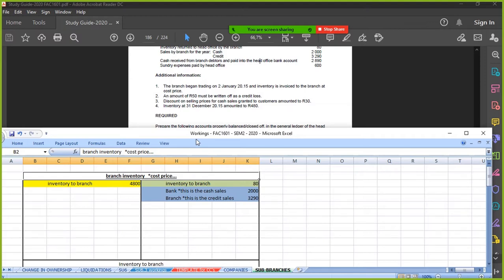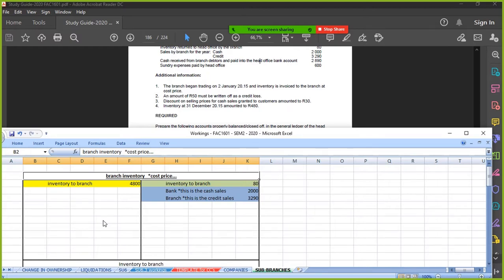Okay, account number 1, branch inventory, this is inventory at the branch. Okay, branch A sitting in Cape Town. Then we've got inventory to branch. Inventory to branch is the inventory that the head office had that they sent to the branch.